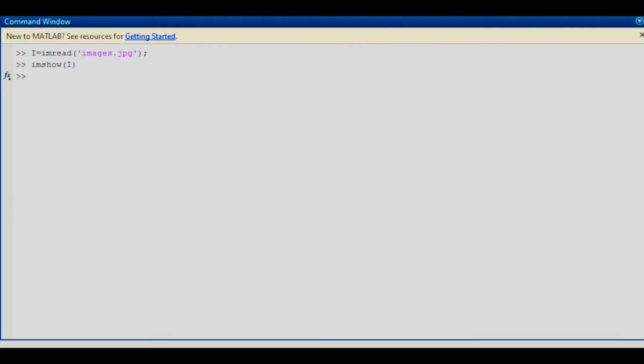So firstly, I'm going to show you how to find the dimensions of the image and why I was saying that RGB part is present in the black and white images that you download from Google. So for that, you type in the function imfinfo, and then you type in the image name again in apostrophes.